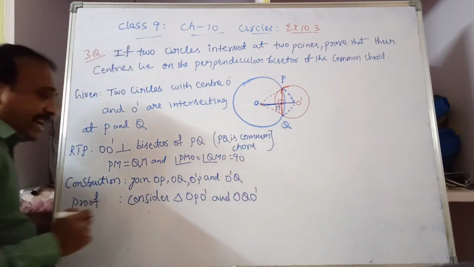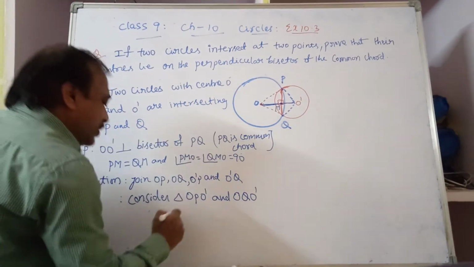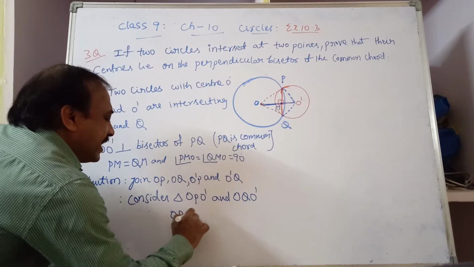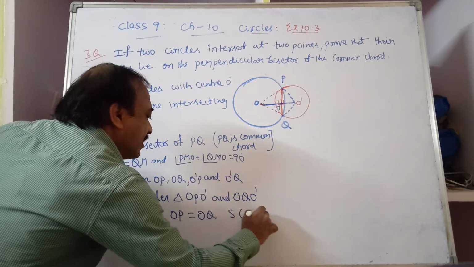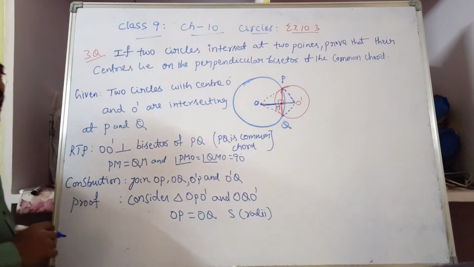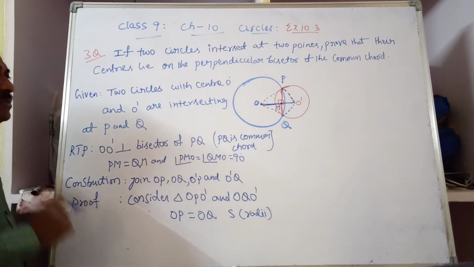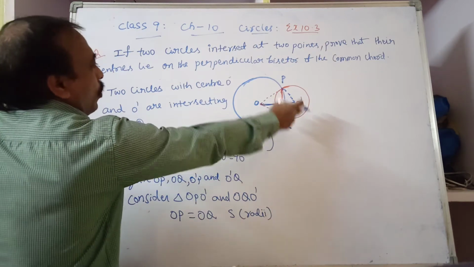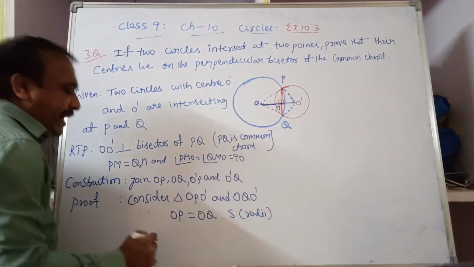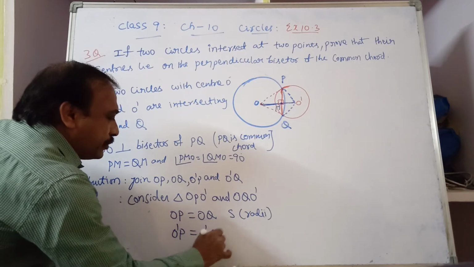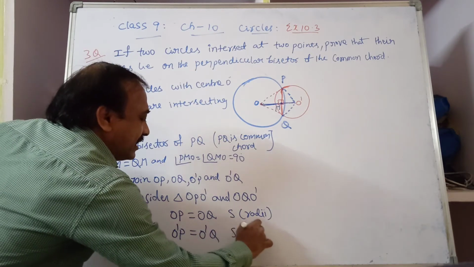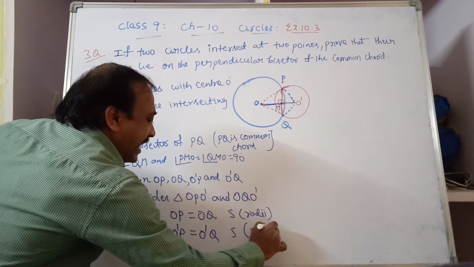In that, we know that OP is equal to OQ. This is a side, and they are radii of the same circle. Next, O dash P is equal to O dash Q. This is also a side. These are radii of the same circle.